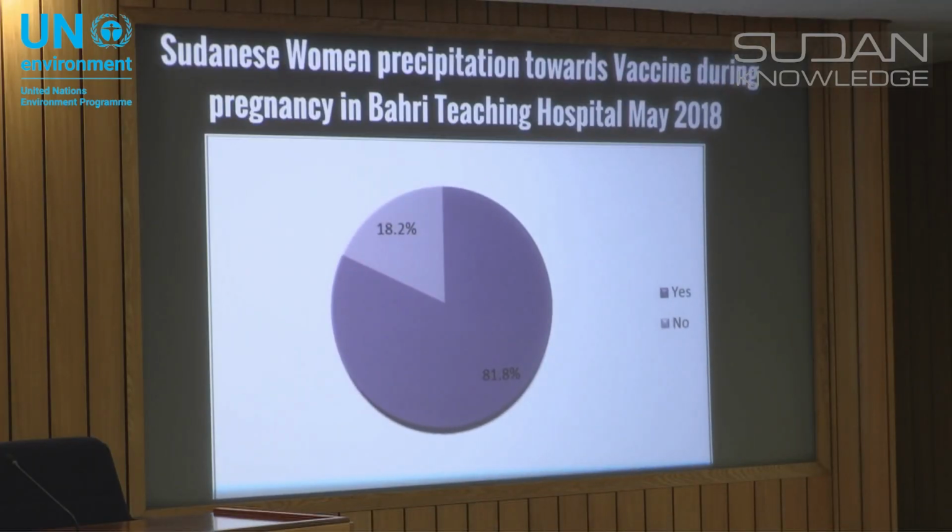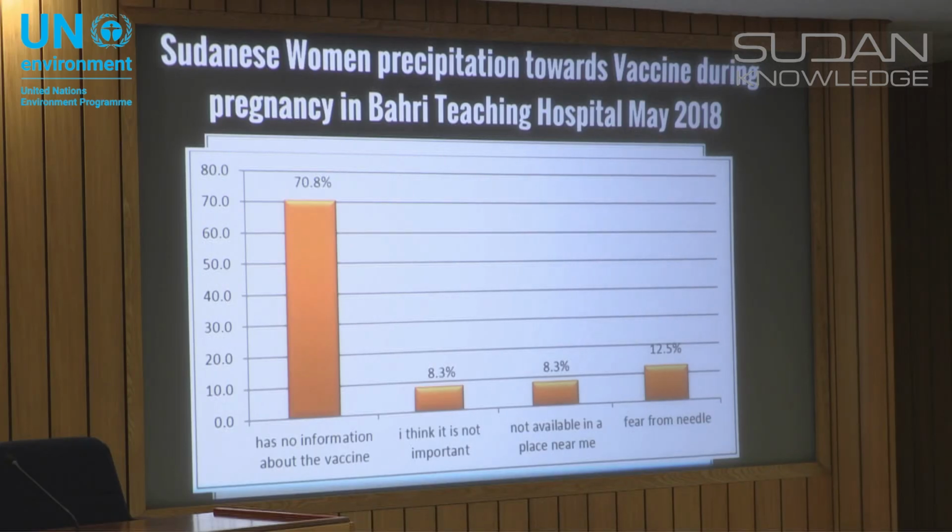There was a study done at Bahri Hospital, published in May 2018. They found that about 18% of the women don't even know that there are vaccines that are necessary. That's Bahri, in Khartoum, which is basically the capital of Sudan, and you can imagine how it would be in the rest of the country. So there is a lot of education that we need to go through. Out of those 20%, 70% have no information about vaccines at all.